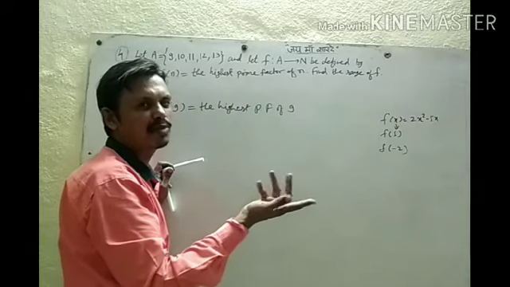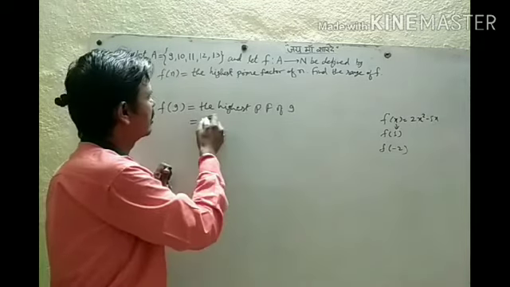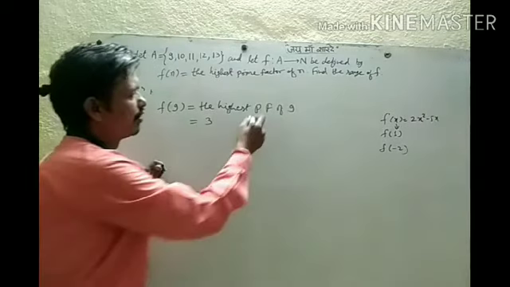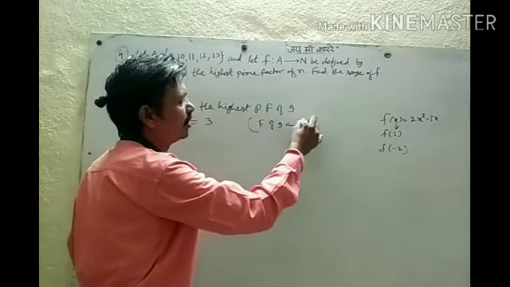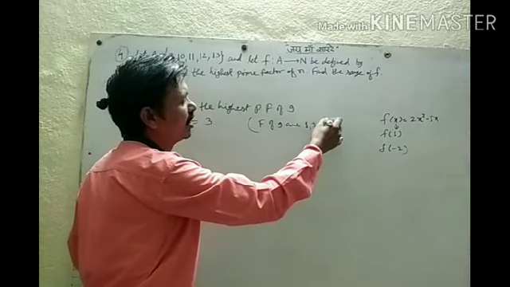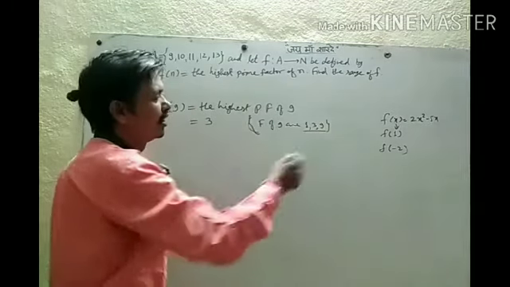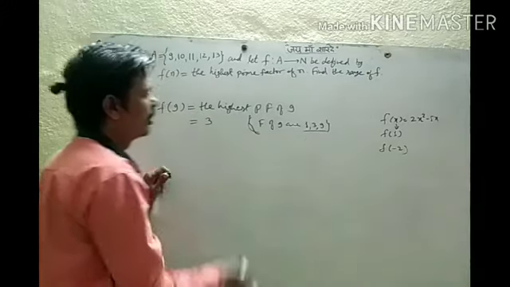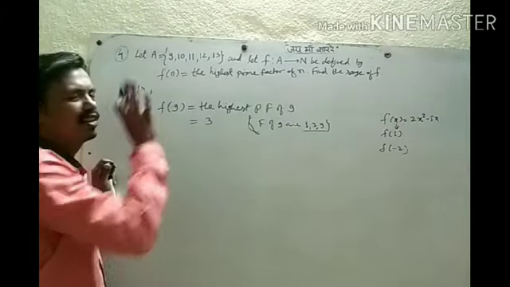In this, what is the prime number? 3. So the highest prime factor of 9 is 3. Factors of 9 are 1, 3, 9. Among these, which is prime, and it should be highest. So prime is only 3. Okay, so f of 9 is 3, which means the image of 9 is 3.